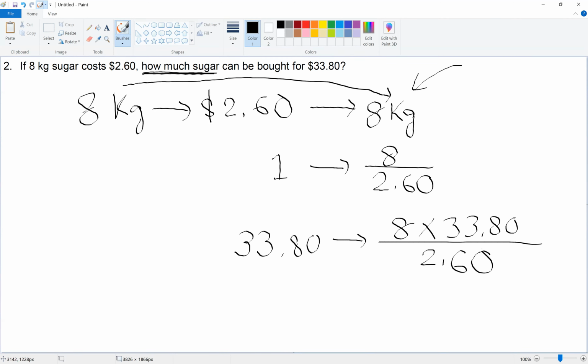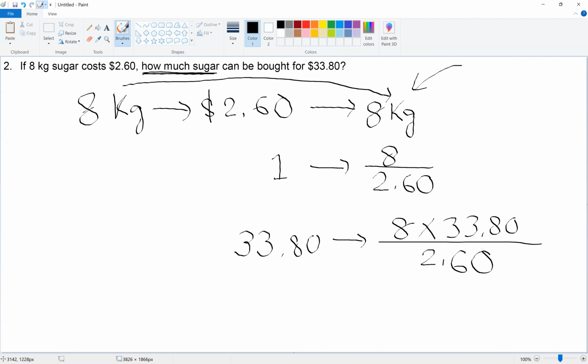Does everybody understand why and how I switched the kg to be on the right, and why I did that? Any question? Anybody? No? Now the calculation part. What did you get for your answer, Vindhya? You said 104 kilograms.